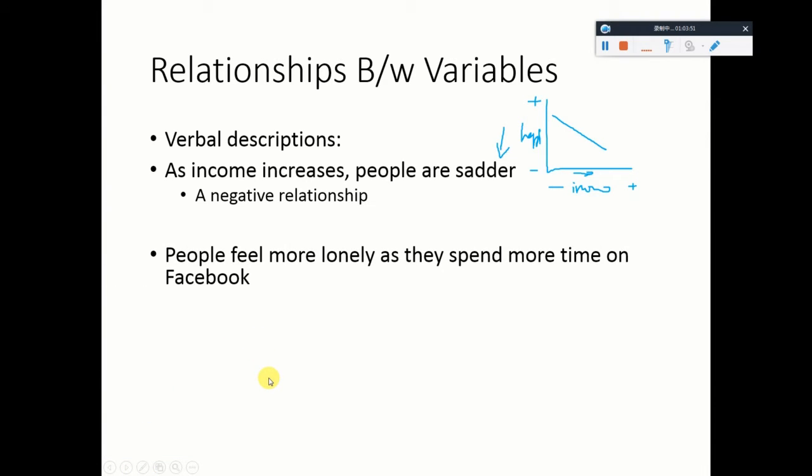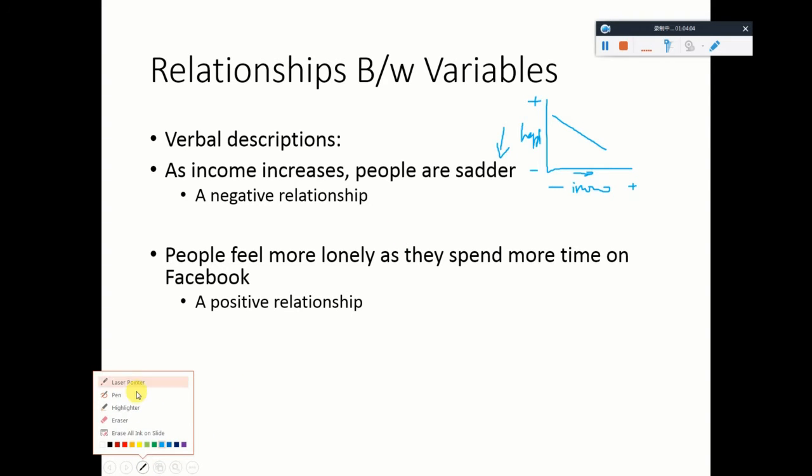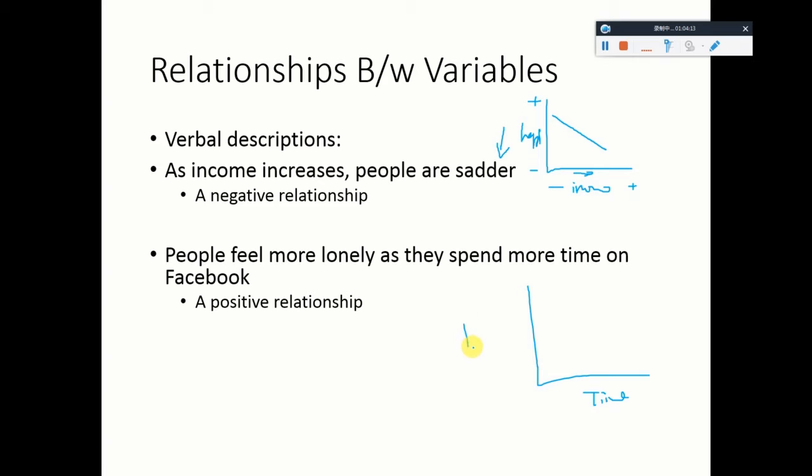People feel more lonely as they spend more time on Facebook, right? So in this case, we say it's a positive correlation because this is time and this is loneliness. There's not lonely at all, there's very lonely.